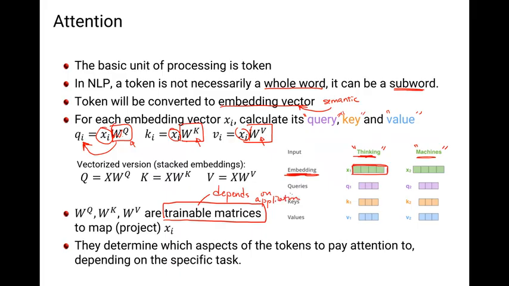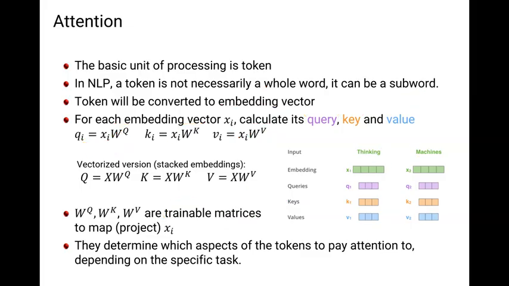Depending on what you are trying to solve, the model will learn the matrix related to the perspective you are looking for. You don't have to design your perspective, because during training, the machine will learn the perspective to look at your token, your embedding vector. That's the key. This is how you learn the perspective to look for.